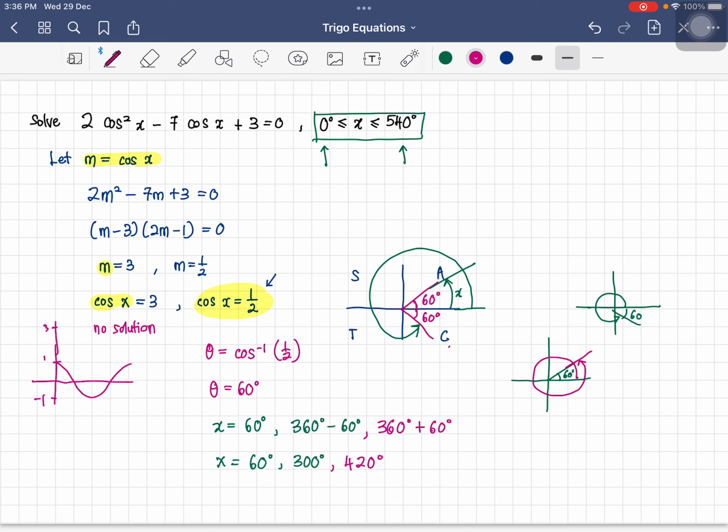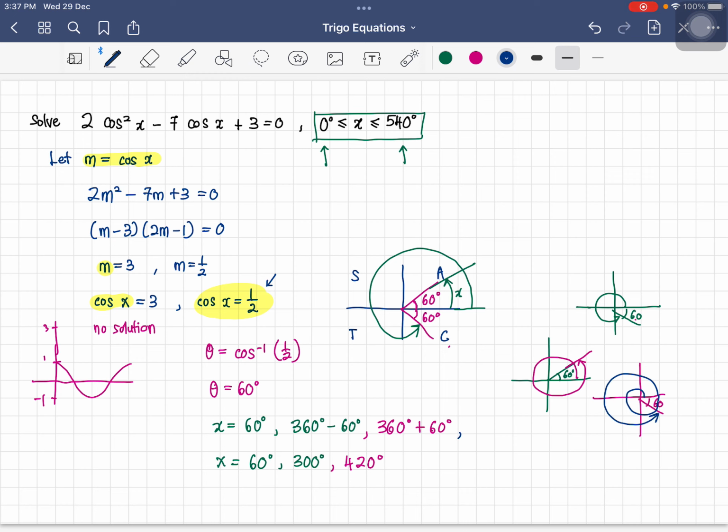Are we done? Let's look at this one. Suppose I need to get the value of x in this case. I get this one complete cycle, let me use another color. I've got this one as one complete cycle, and then I need to rotate it again so that I go to this.